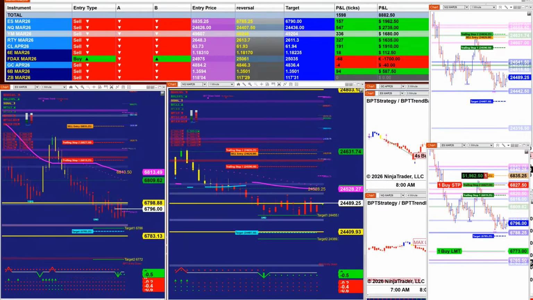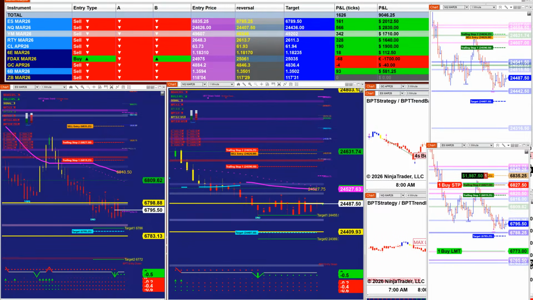This one and this one and this one has to be plus for him to take the trade. And by the time he takes the trade, he's very late. A lot of people don't understand why they are losing money: because they are late in the trade, or they cannot read the market when it's over.